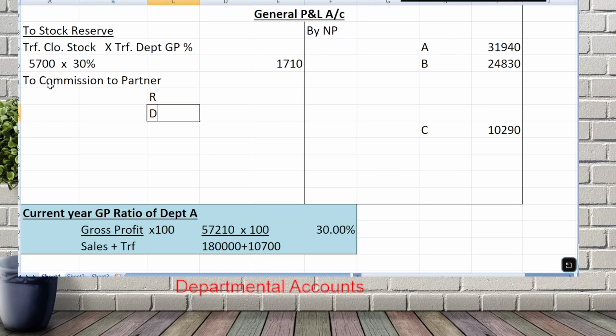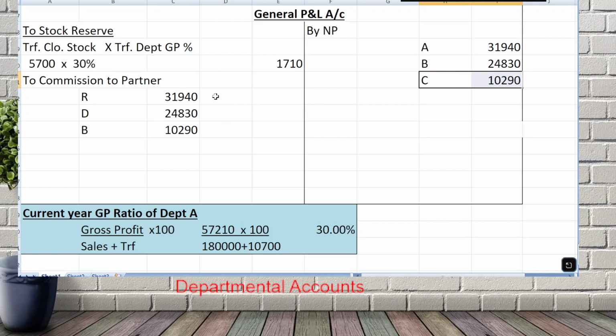Or D, then B. More simple. Departmental net profit into what percent? 75%. What is the net profit? This 31,940. This how much? 24,830. This 10,290. This into how much percentage?